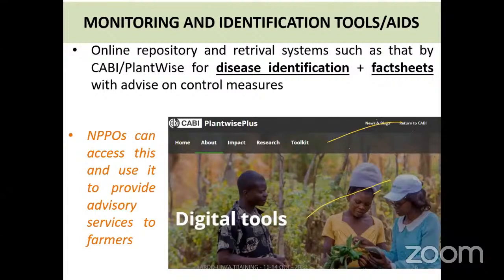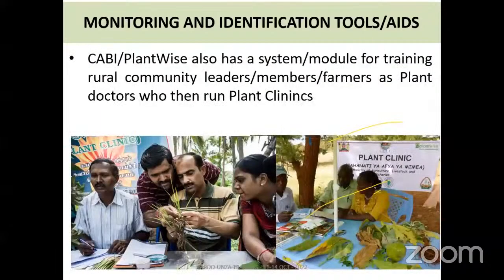So I highly recommend the inclusion of these into IDM, Integrated Disease Management. This is an example of a plant clinic in action. And you don't need the training that we give for plant doctors.